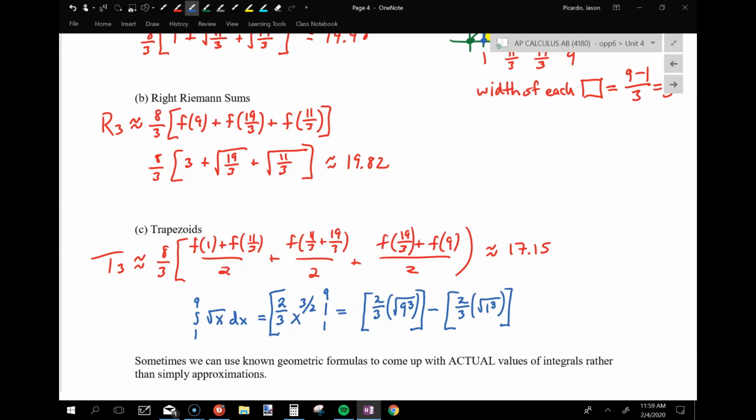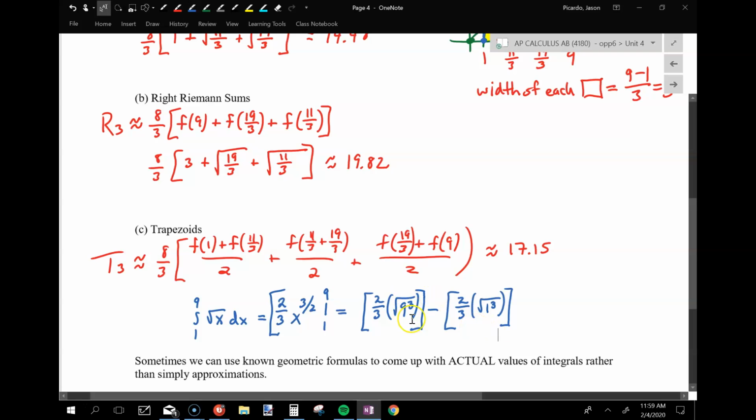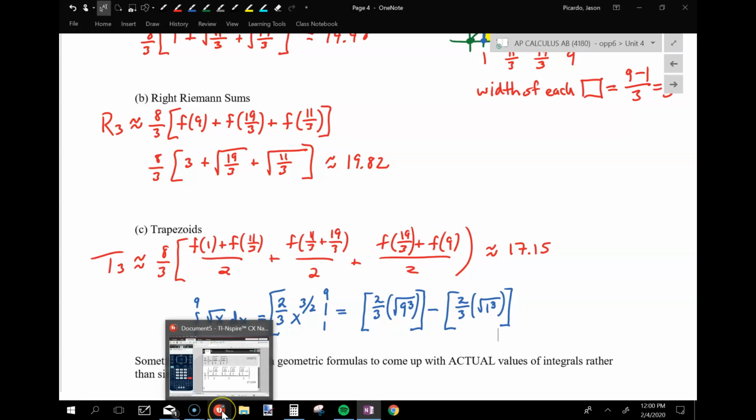Correct? I mean, you can't evaluate this by hand, okay? You can evaluate this one by hand, right? But not 9, not the square. Well, maybe you can. Hang on, square root of 9 cubed. No, you can't.